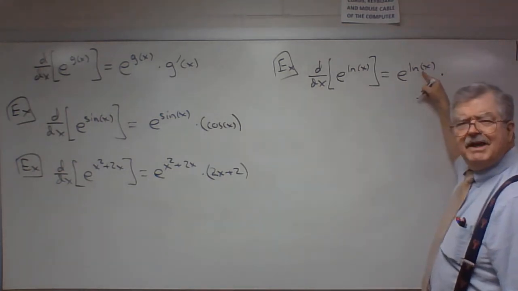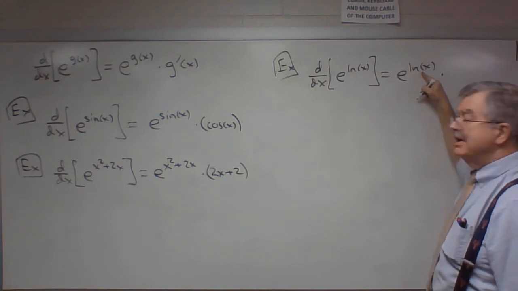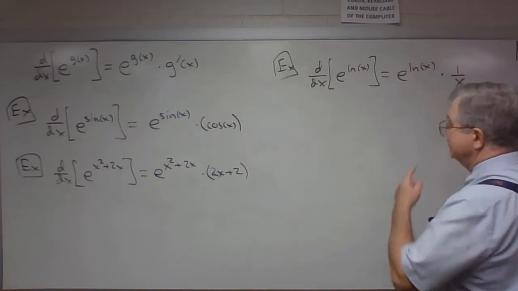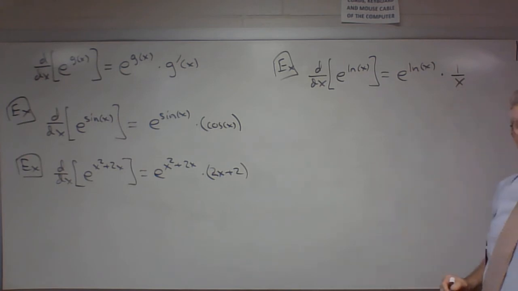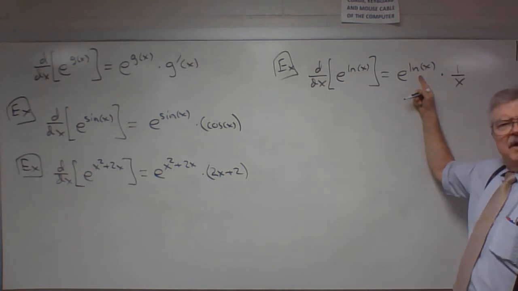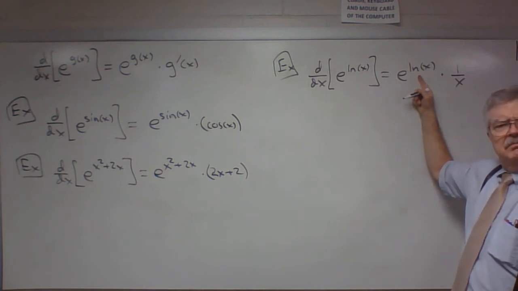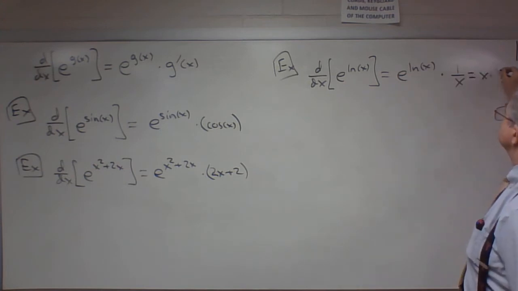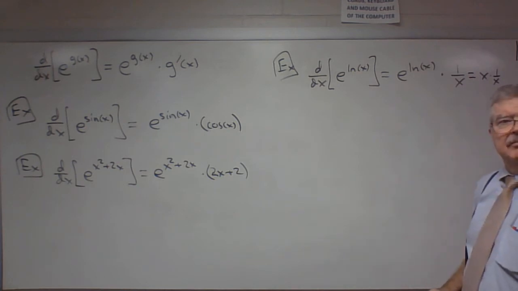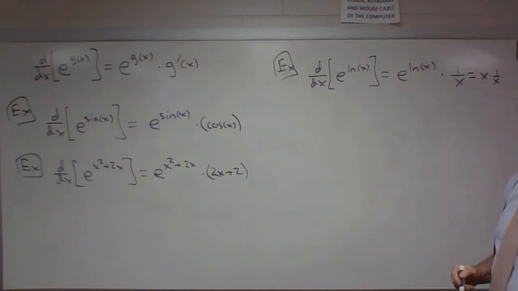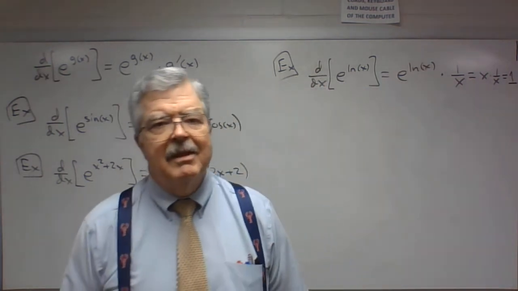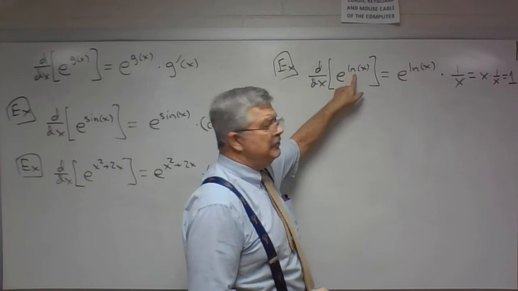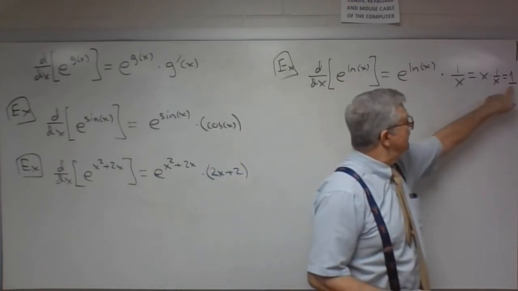The derivative of natural log of x is 1 over x, right? What is e raised to the power of natural log of x? Isn't that just x? So we have x times 1 over x, and that's 1. The derivative of e raised to the power of natural log of x is 1.